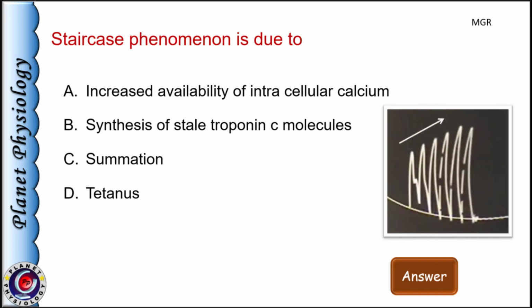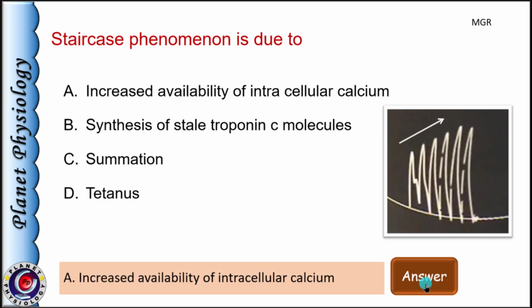The staircase phenomenon is progressive increase in force of first few contractions if muscle is stimulated repeatedly. It occurs due to increase in intracellular calcium concentration. So option A is correct answer. Another reason for staircase phenomenon is also heat generated by the previous contractions helping in increasing the force of contraction.